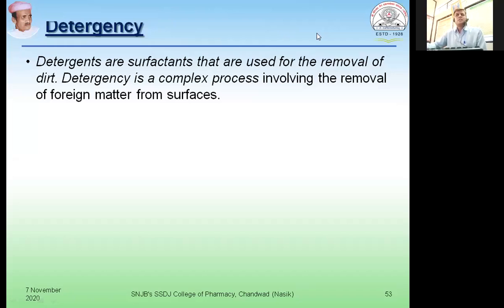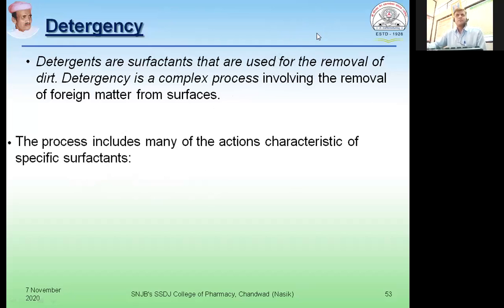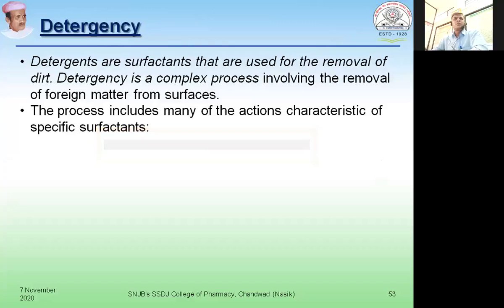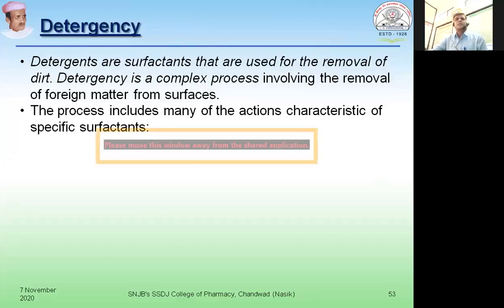Actually, this detergency process is said to be a complex process because different steps are involved while removing the dirt or foreign matter from the surface. So this detergency phenomenon involves many action characteristics of surfactants which are being used as detergents.